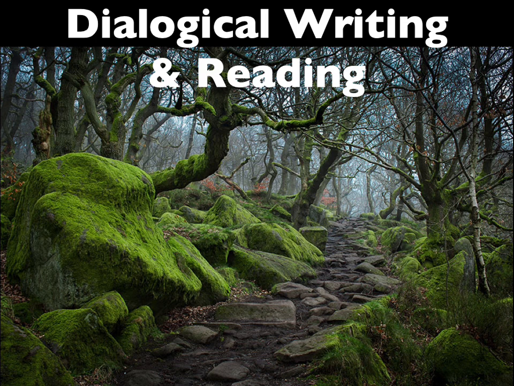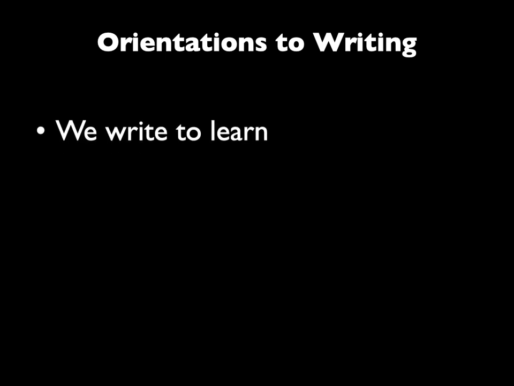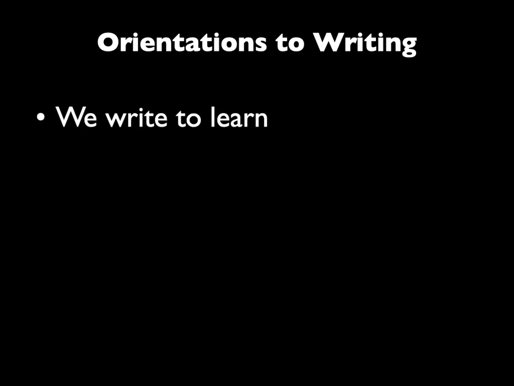Well, anyway, again, I'm getting too philosophical. Let's get on to something a bit more concrete. So we're orientated to writing in different ways, and I think it's quite useful to think of these three ways. The most important way perhaps is, let's never forget that writing helps us understand things. We write to learn, or we can write to learn. We can see writing as a gift, even though it's a struggle. It can help us articulate things in a way that makes a difference to our understanding.